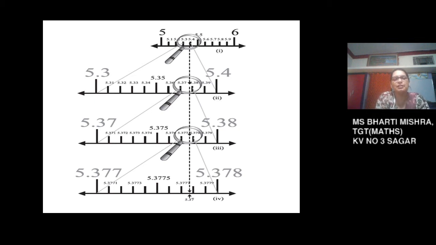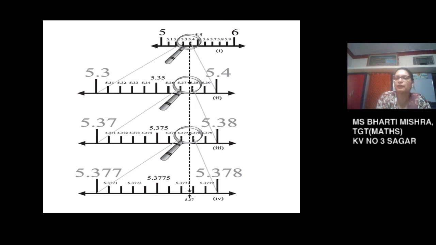Now 10 numbers between 5.3 and 5.4 are 5.31, 5.32, 5.33, 5.34, 5.35, 5.36, and here comes 5.37. So we have the number 5.377. So it is less than 5.38. So the two numbers which have to be magnified are 5.37 and 5.38.